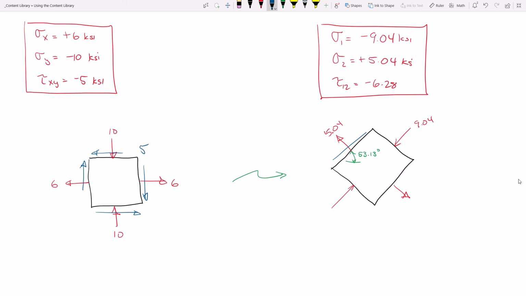So on the top left, bottom right, arrows face towards one another.